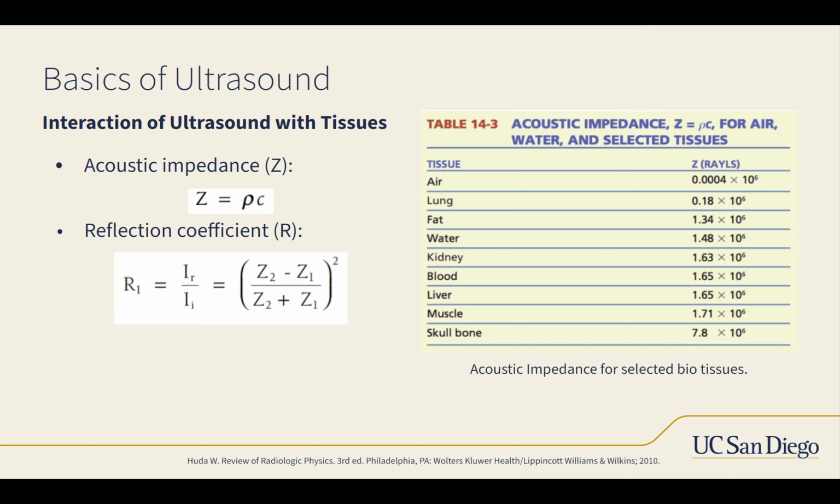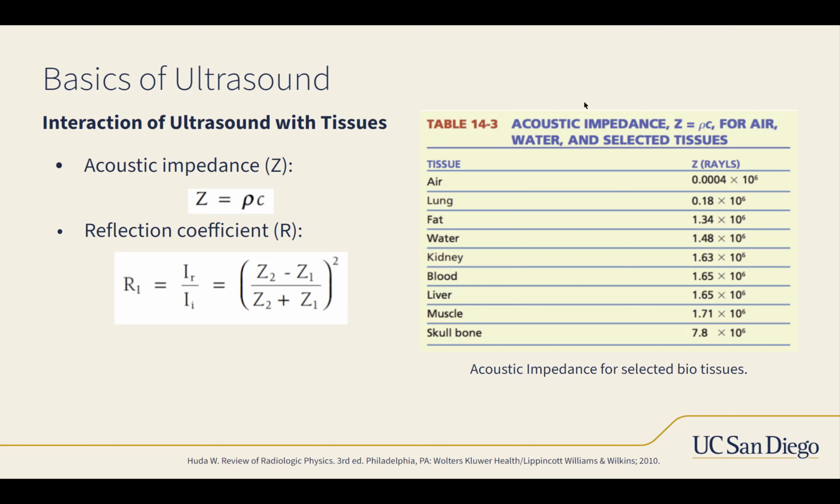So if you have something that goes from a very high impedance into a very low impedance, for example, say the air in the lung, most of it is going to reflect back, and most of the sound wave doesn't travel through. That usually is an issue when you do ultrasound of the chest cavity, because you can't really see into the lungs, since it reflects back.